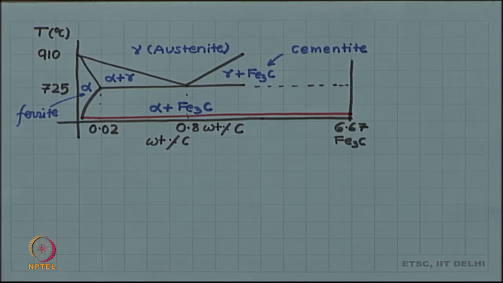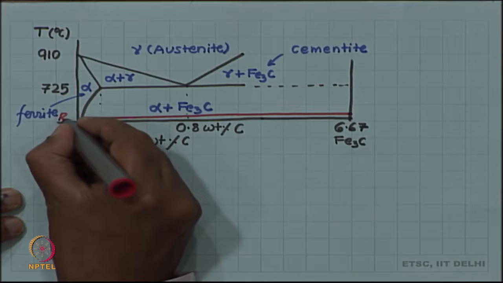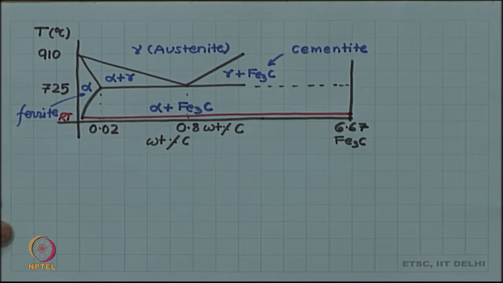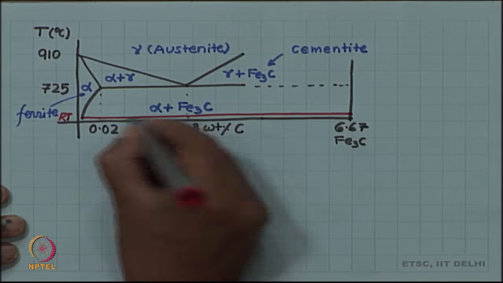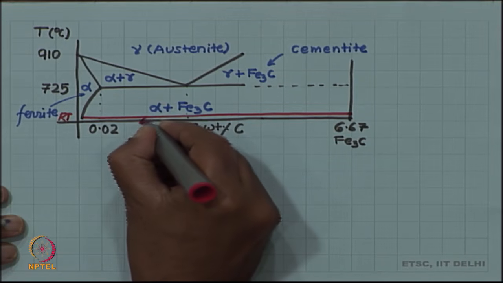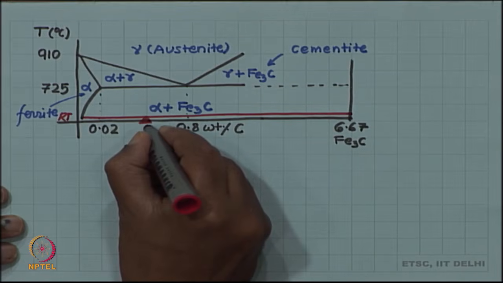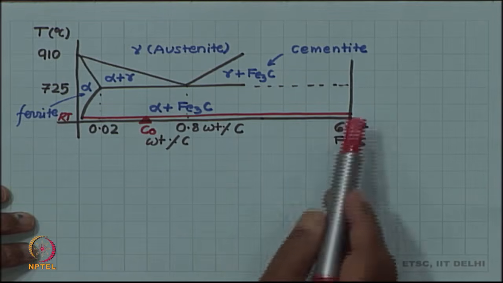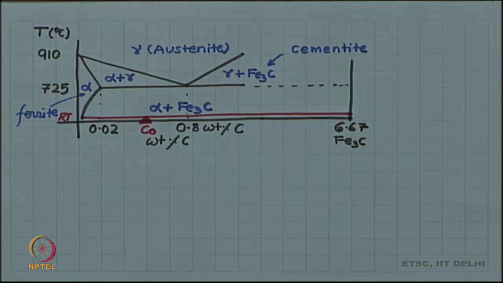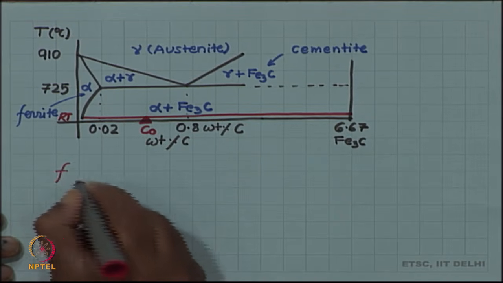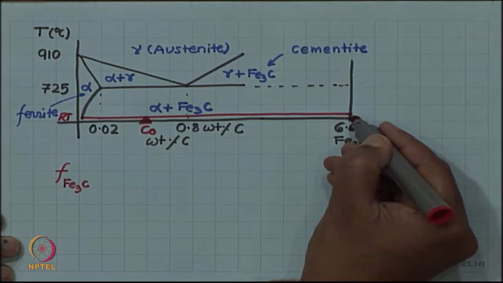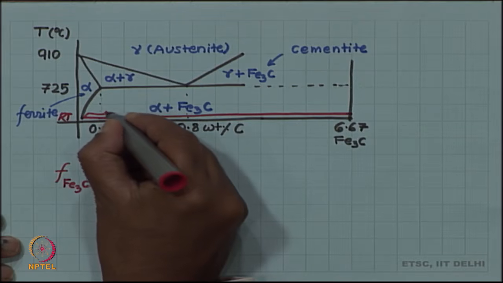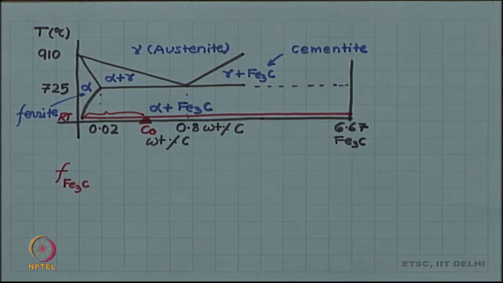So, if we have a steel at room temperature, so this will be our tie line, let us say at room temperature. Depending upon the carbon concentration of my steel, let us say this is C naught, the fraction of ferrite and cementite can be found using the lever rule. The fraction of Fe3C: Fe3C is on my right hand side, so the relevant lever arm will be on the left hand side.